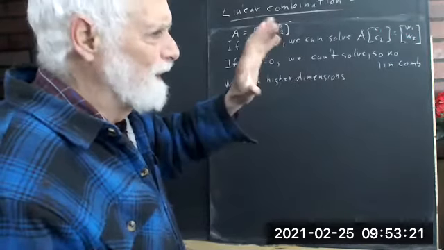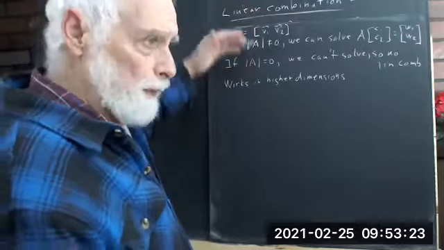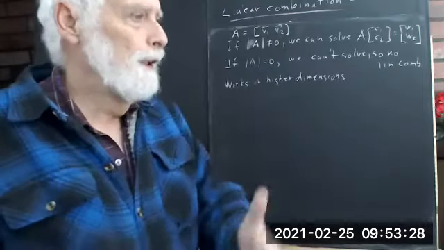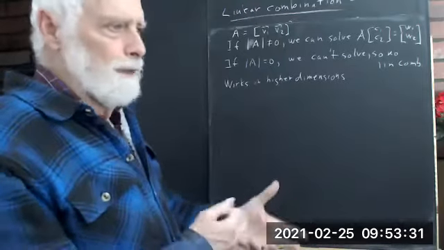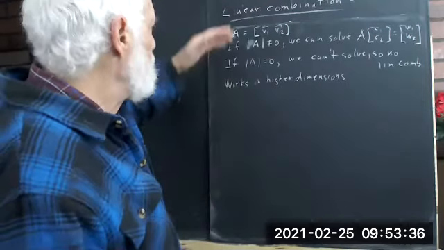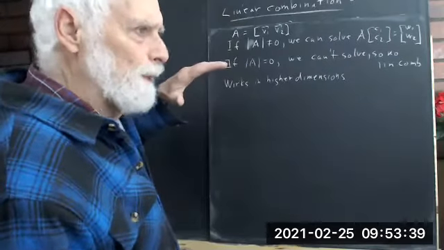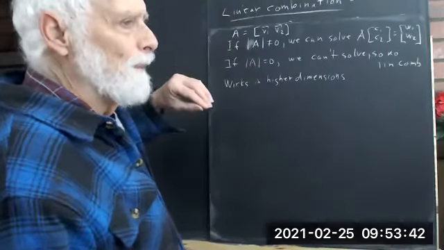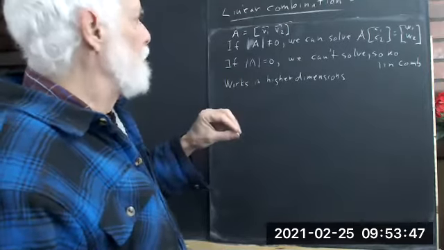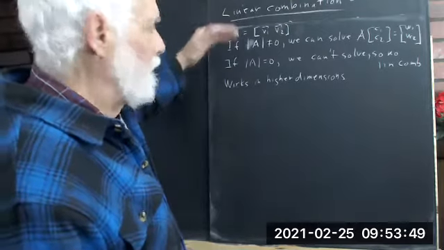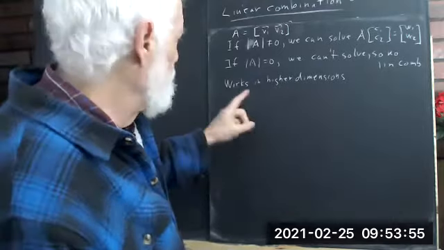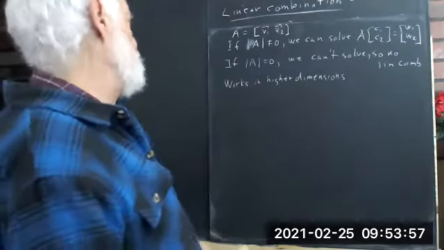Now, when I say that, it's not totally true, but as far as what I'm doing here, it is. Some vector spaces have structures that we'll see in the next chapter where you have inner products and a bunch of other stuff. And that's not true of every vector space, but all this is. What I mean is any vector space over the real numbers is going to behave, at least as far as these questions are concerned, just like an Rn. So you can think of an Rn if you want. Anyhow, this works in higher dimensions.